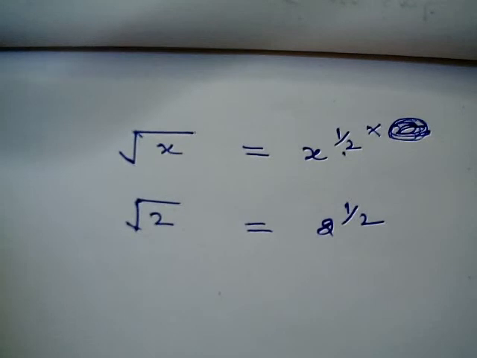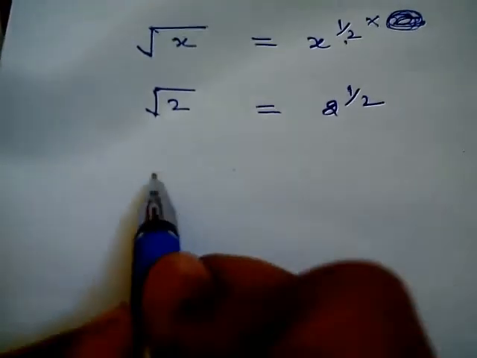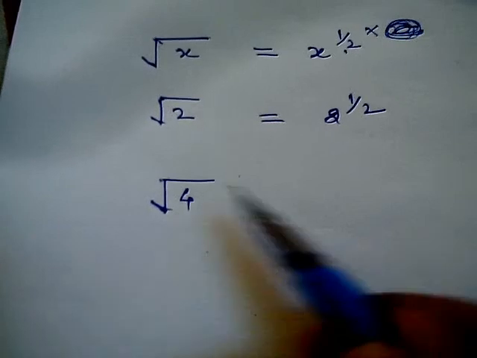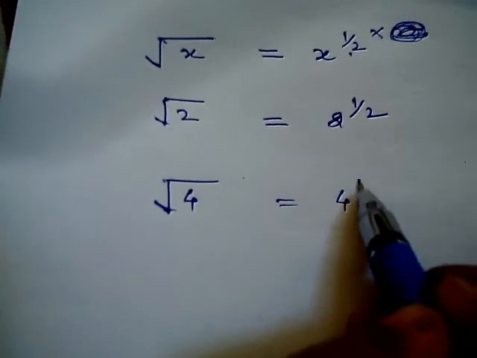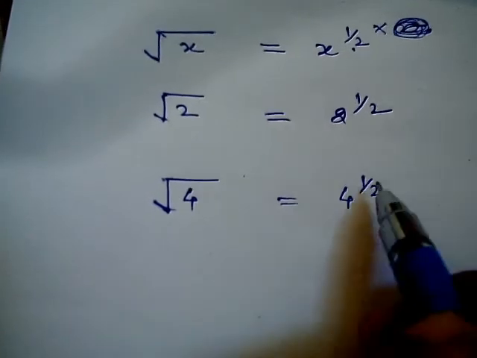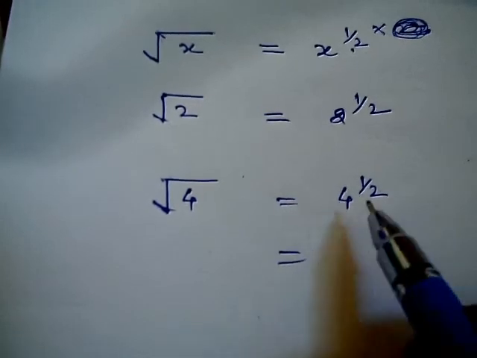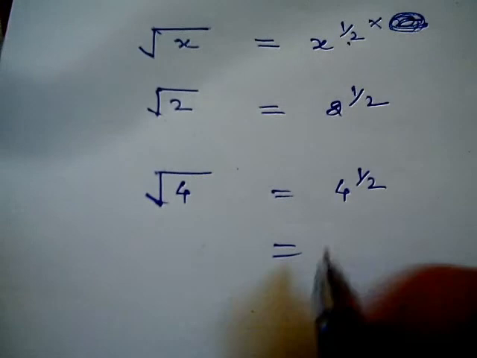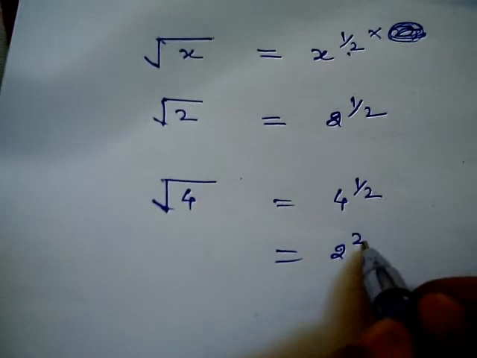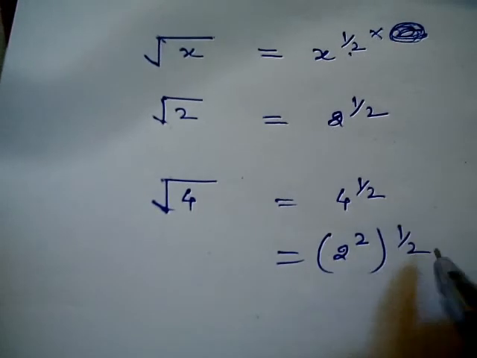Like suppose we write root 4, it means 4 to the power half. Now to cancel out this number, 4 is the square of which number? 2 square. So 2 square and power half. The powers get multiplied, so 2 times 1/2, this power gets cancelled out.